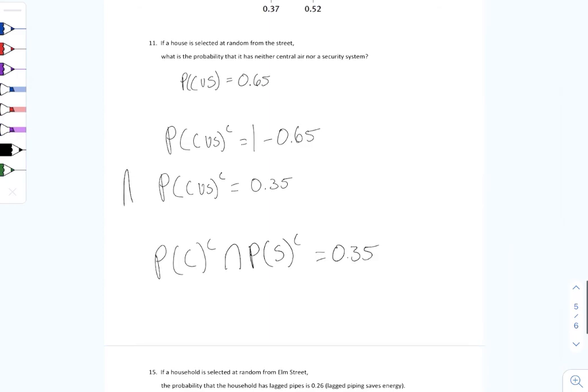I think you want to stick with the way we just did it, especially since we knew what the union of C and S was. But just so you know, if you were reading it the other way and it didn't make sense, it can be written both ways. You'll most likely see it in the first way, but just to make you aware, it could have also been written the other way.